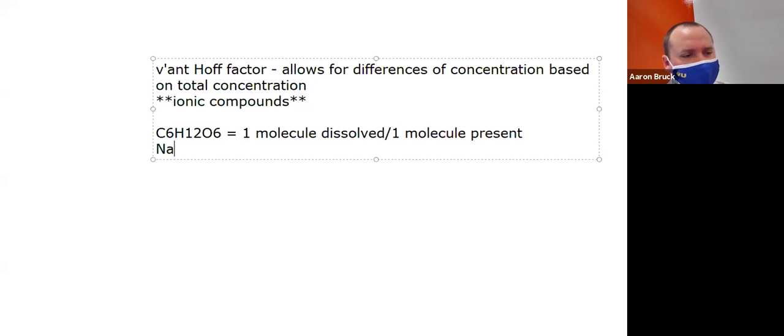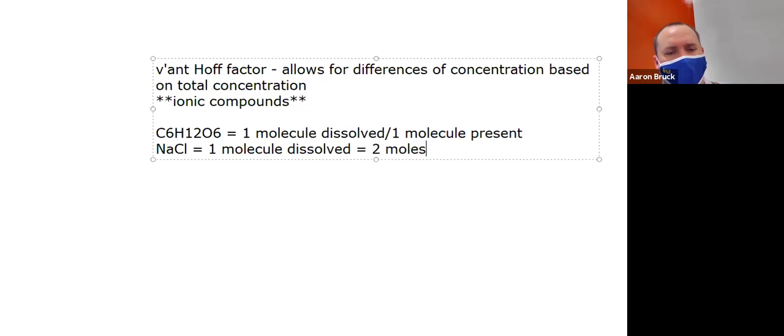But when I look at something like sodium chloride, every molecule of sodium chloride that dissolves gives me 2 moles, or rather 2 ions, present in solution.